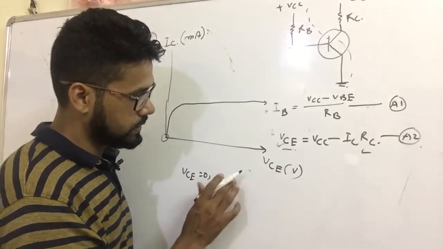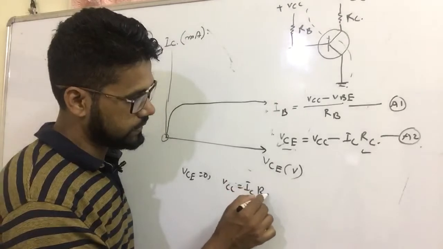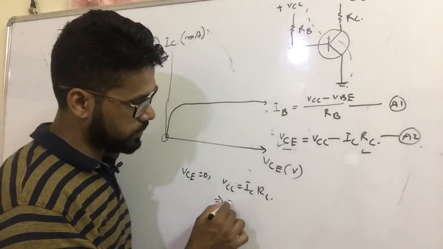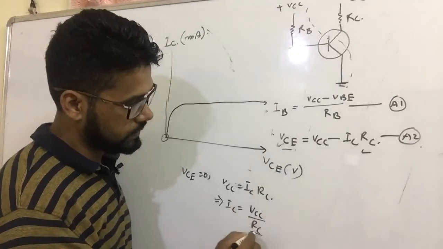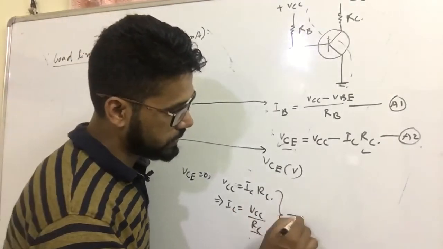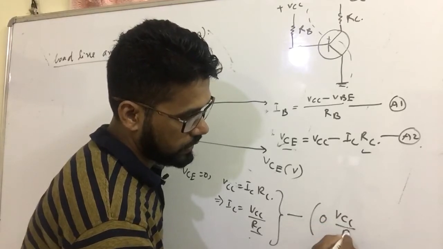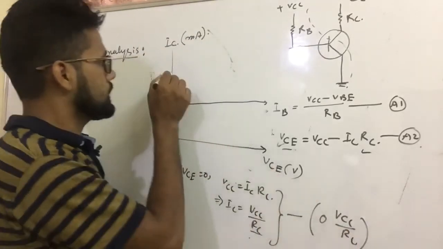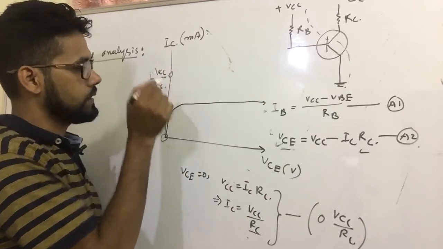VCC equal to IC RC. So IC equals, from this equation, VCC divided by RC. So this point is represented as 0, VCC divided by RC. That means here is one point, VCC divided by RC.